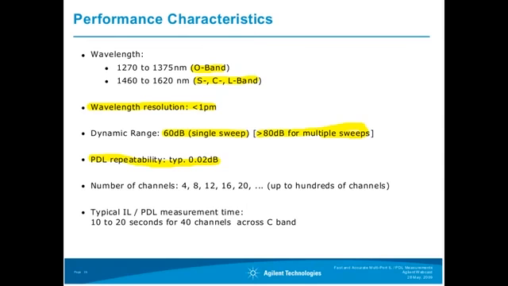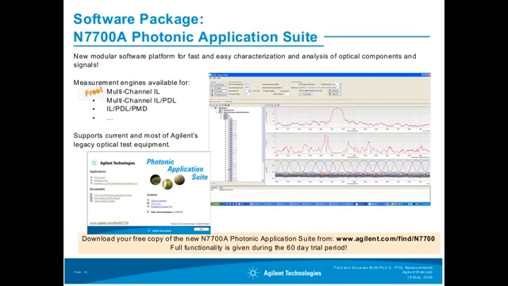All this measurement capability is supported by Agilent's new N7700A photonic application suite. This is a new modular software platform which allows fast and easy characterization and analysis of optical components and signals. So currently there are measurement engines available for multi-channel insertion loss, multi-channel IL, PDL, and insertion loss, PDL, PMD, and some further things.